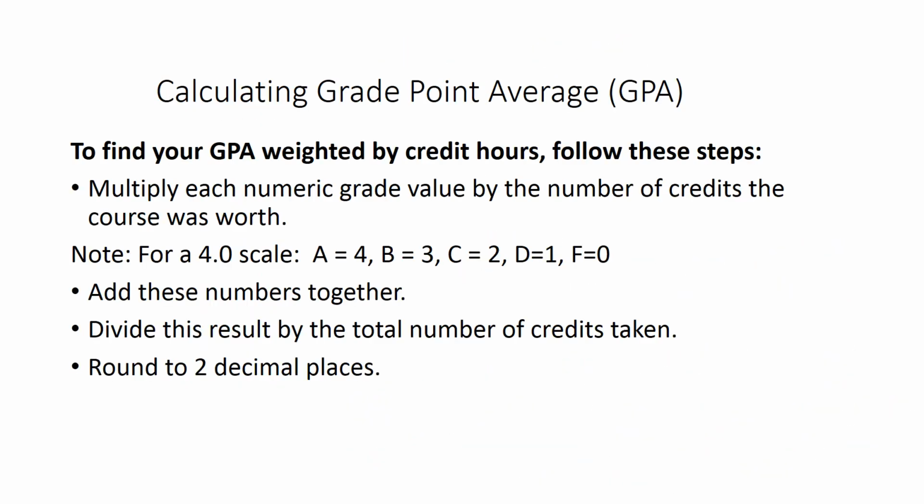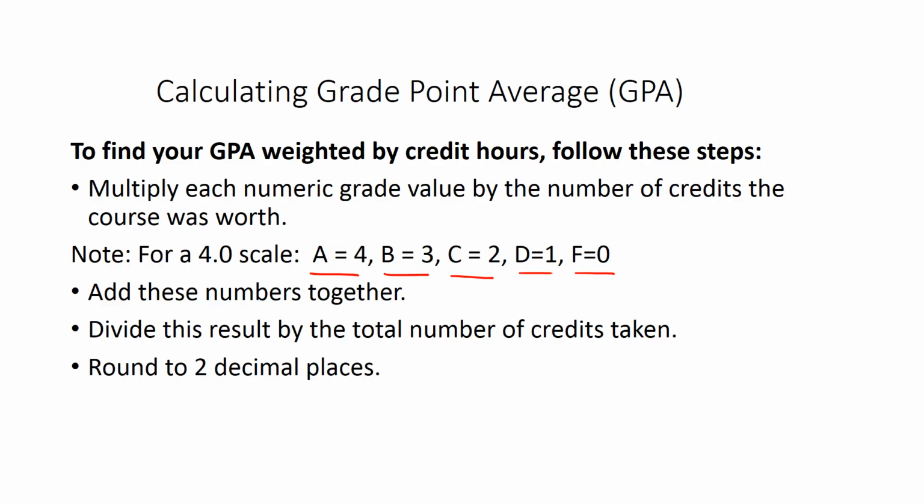The last thing, which is sort of a weighted average, is calculating your GPA, which you should all need to know how to do. How you do this is on a 4.0 scale. A's are worth 4 points, B's are worth 3 points, 2, 1, and 0. So you multiply each numeric grade value by the number of credit hours, right, which makes sense.